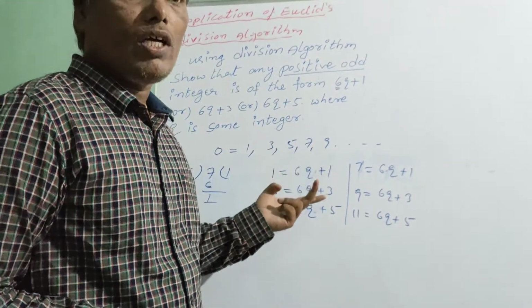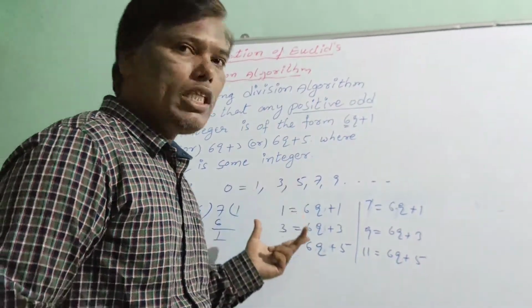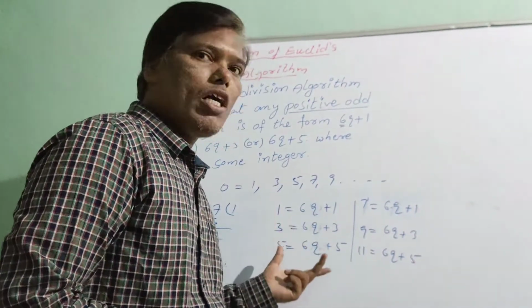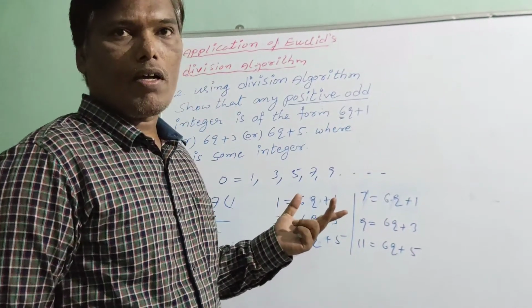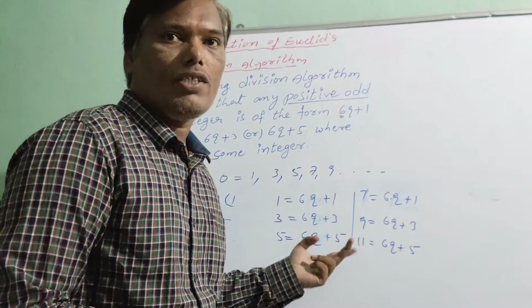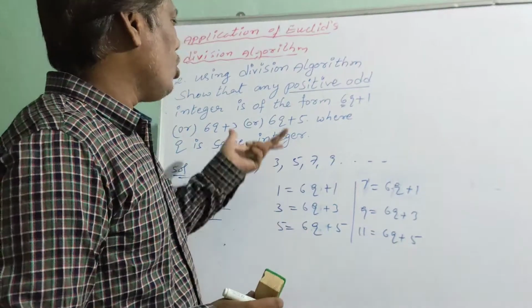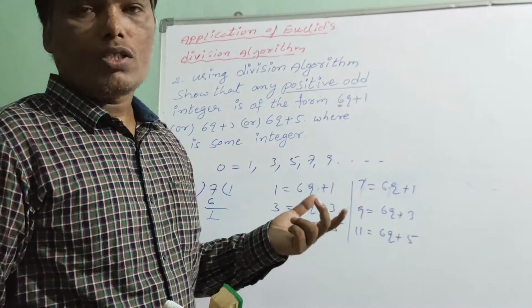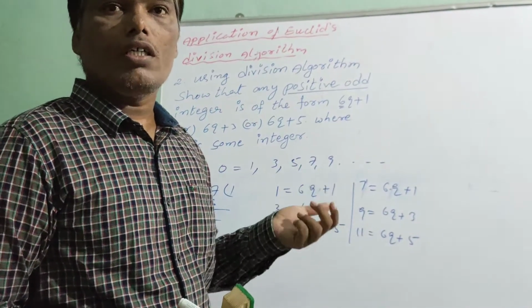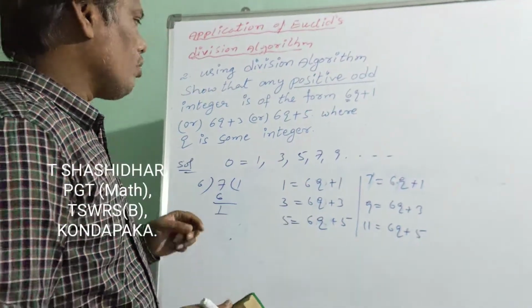For how many odd numbers can we check, how far can we check? There should be a constructive method to prove this statement. By using Euclid's division algorithm we can prove this statement. That will be the right method.